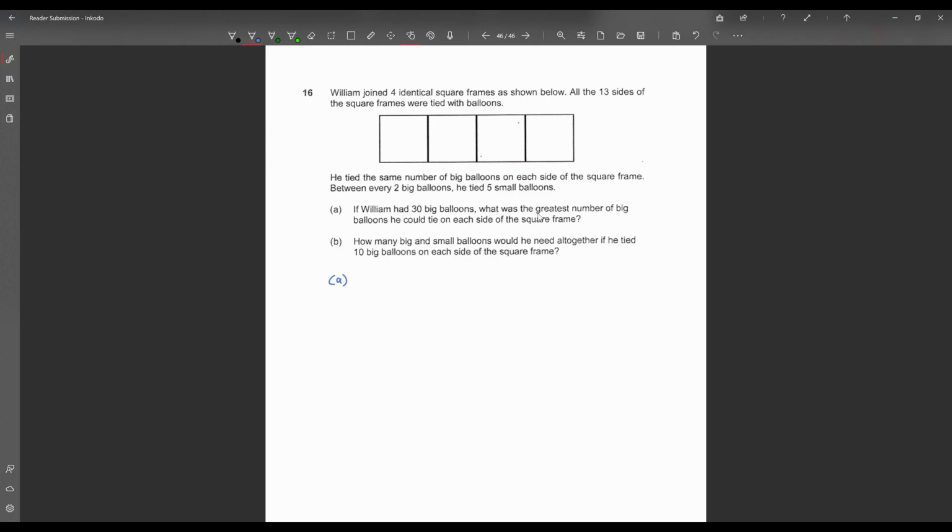Okay, in order to have the greatest number of big balloons, you put the balloons on the corners and the intersection. So now there are 10 being used. Then we're left with 20. So you can actually put 1 balloon on each side.